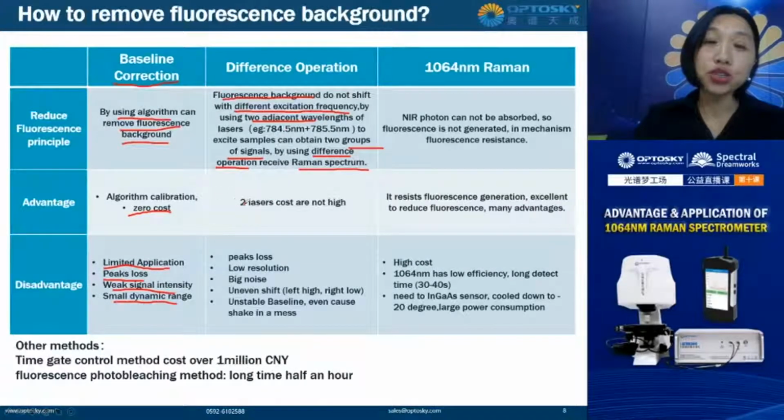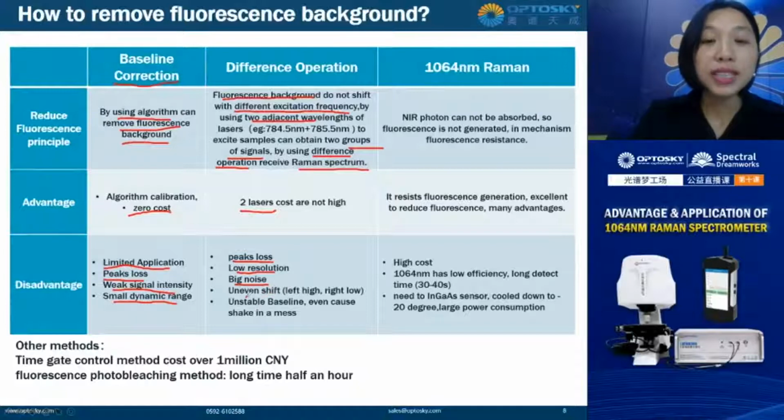And the advantage is obvious. It only uses two lasers, because laser cost is relatively mature and relatively low nowadays. But there are also some disadvantages, like baseline correction. If peaks cannot be shown, they are lost permanently, and it has low resolution. After the difference operation, the noise becomes bigger.